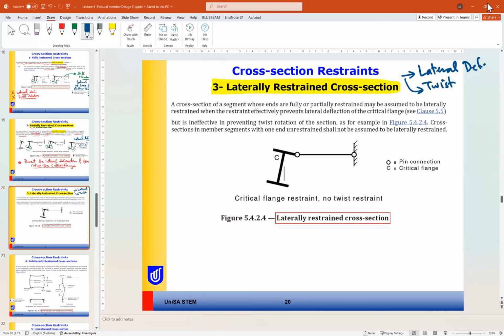I have a question. Would a purlin count as stiff or flexible member?